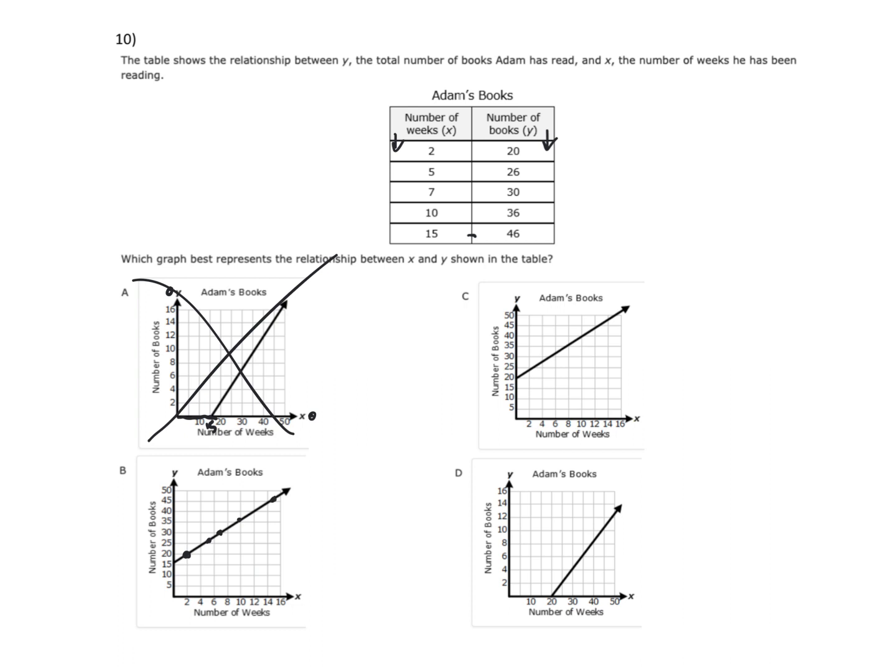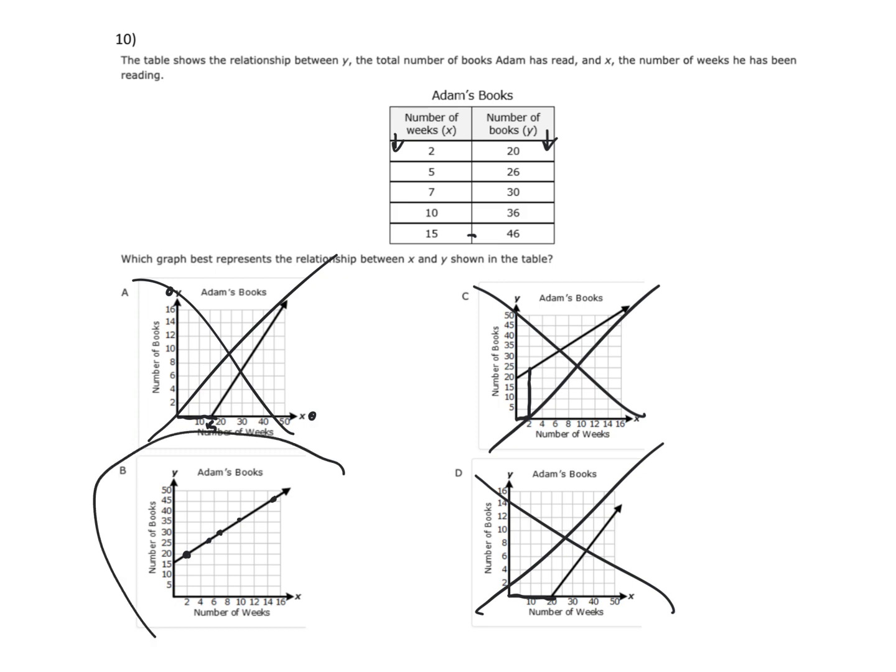Let's check the rest just to make sure. C tells us at 2 weeks, we're at 25 books. That does not match our table, so C cannot be our answer. And D tells us at 20 weeks, he's at 0 books. That has nothing to do with our graph, so D would be wrong, and our answer would be B.